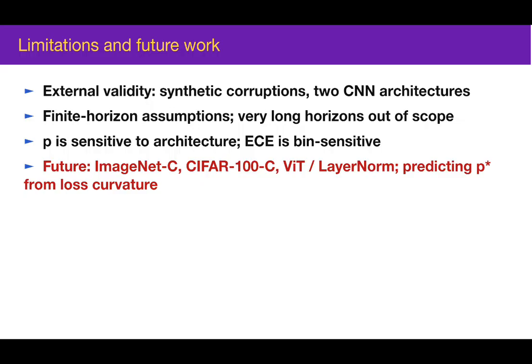For the future, I want to try bigger datasets like ImageNet-C and or CIFAR-100. I also think I must use a transformer-based model like ViT, etc. And then I want to predict that threshold p star directly from the loss curvature.